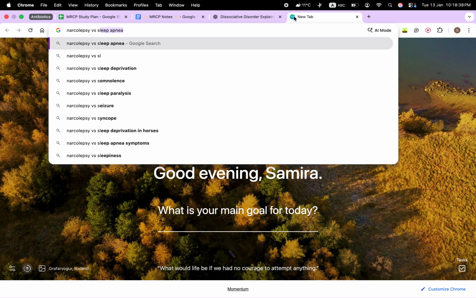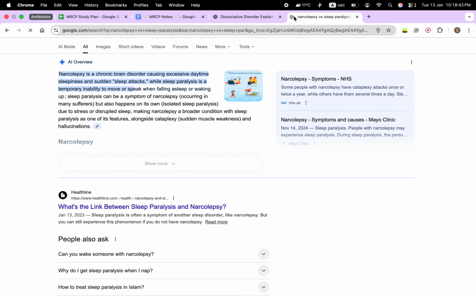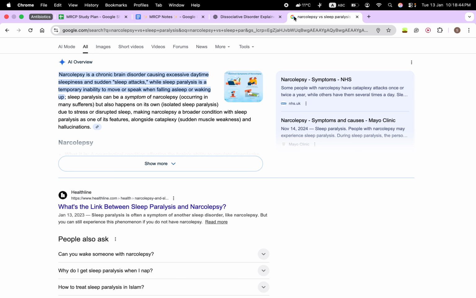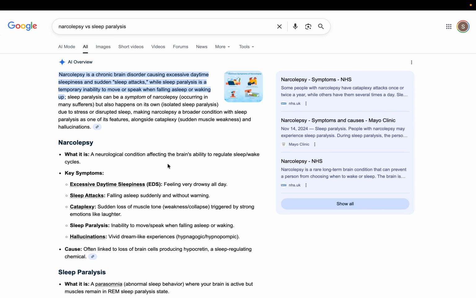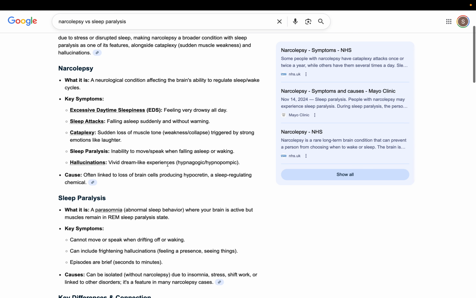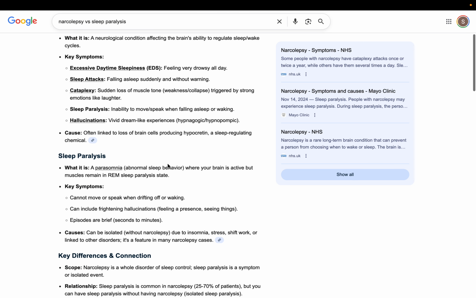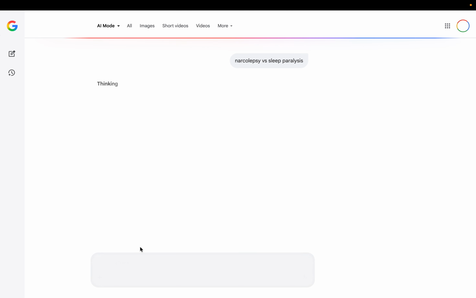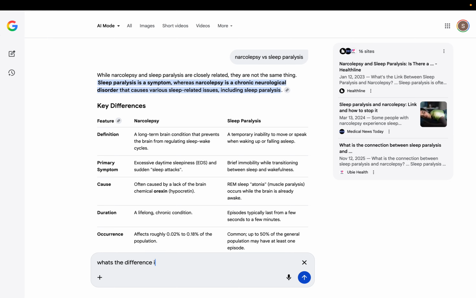Narcolepsy versus sleep paralysis. Narcolepsy is a neurological disorder. Sleep paralysis is when the brain is active, but the patient cannot move. What's the difference in treatment?